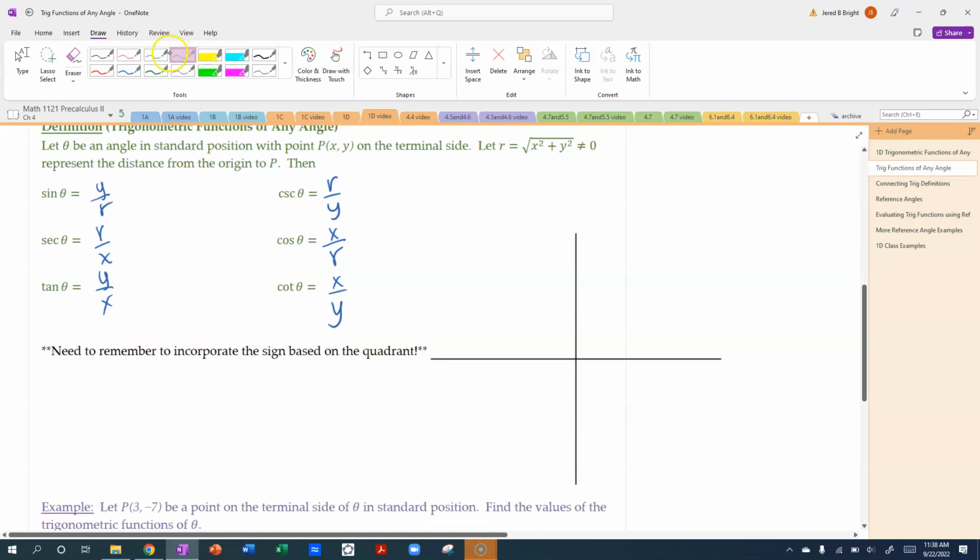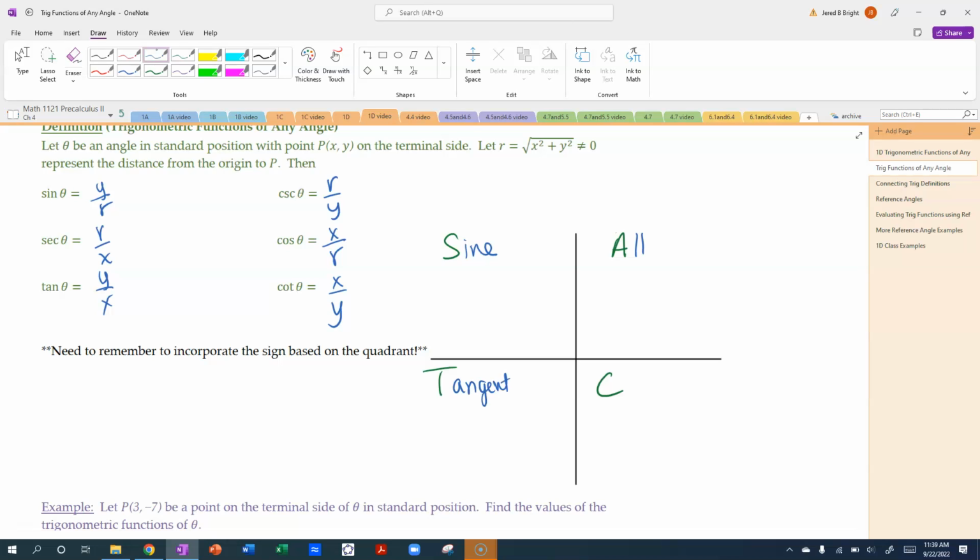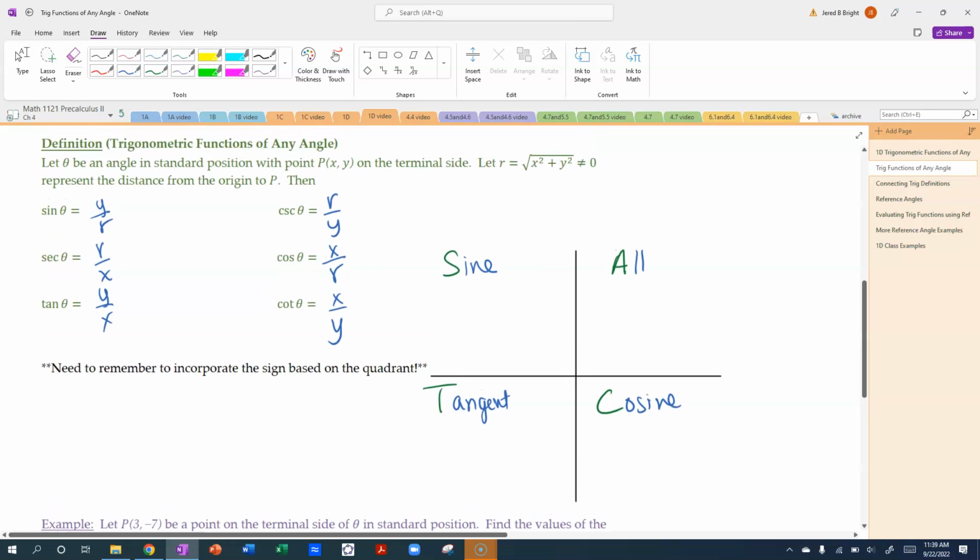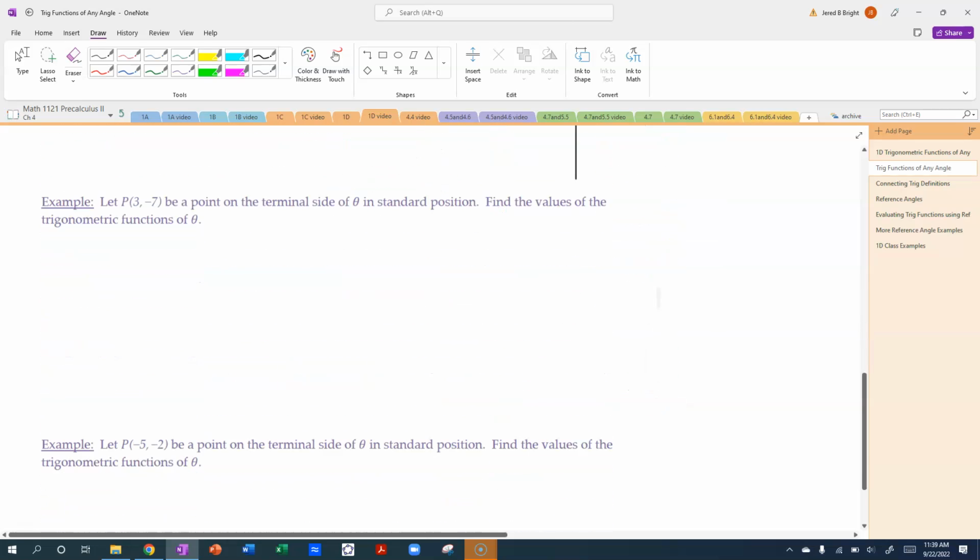If you remember the mnemonic ASTC, for All Students Take Calculus, in quadrant 1, all trig functions are positive. Quadrant 2, sine and its reciprocal are positive. Quadrant 3, tangent and its reciprocal are positive. And in quadrant 4, cosine and its reciprocal are positive. So just remember to include the negative.